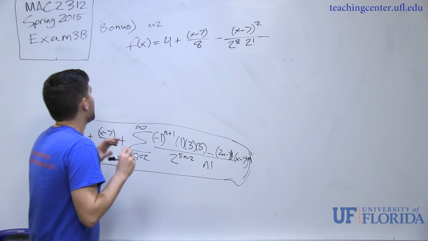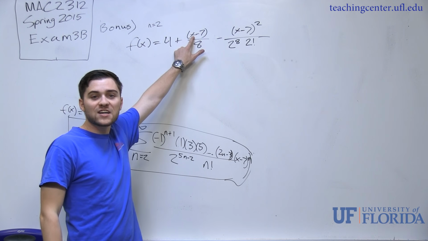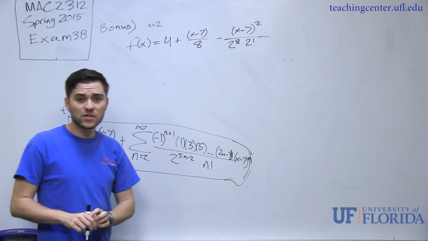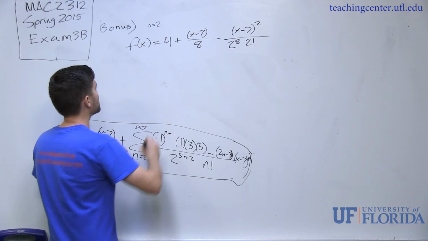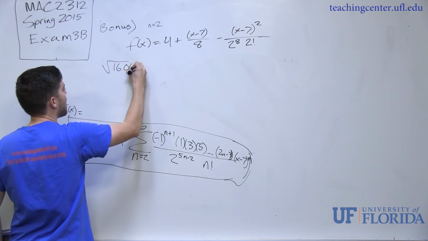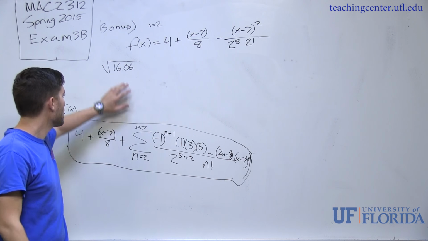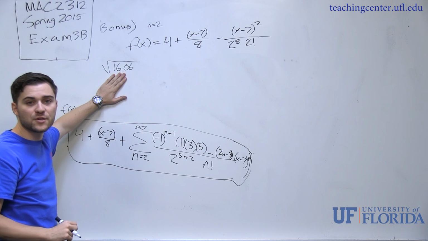Okay, now there's one more thing I need to solve for. I need to figure out what x value I'm going to plug in, because what you're actually doing now is the application for the Taylor series. You are going to approximate square root of 16.06. So this is the value that it wants you to approximate using this Taylor series expansion.